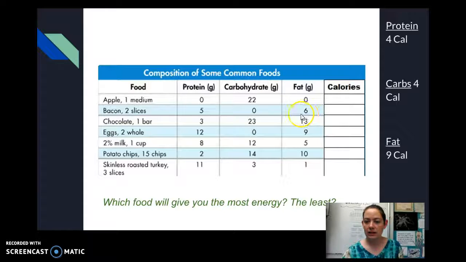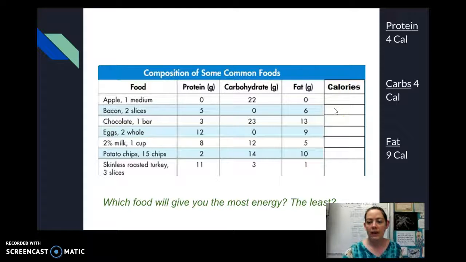So 6 grams of fat times 9 is 54. So now we have to add those two together. So we've got the 20 calories for the protein and then 54 for the fat. Add those together and we'll have 74 calories in our bacon.